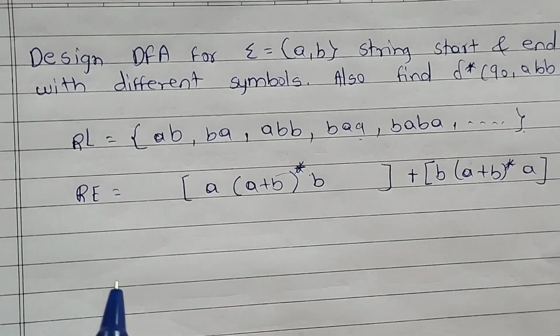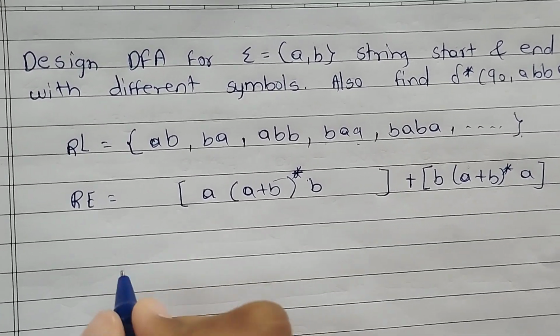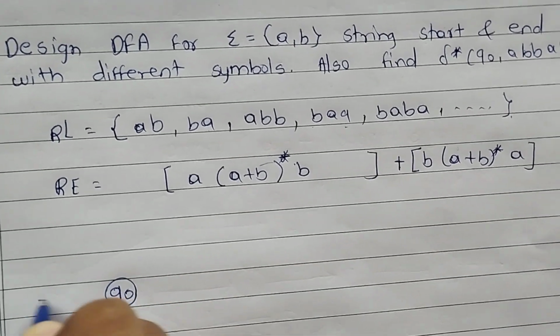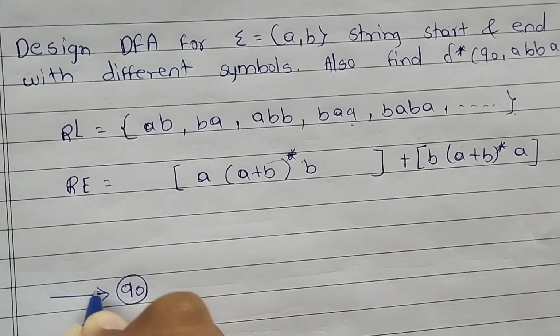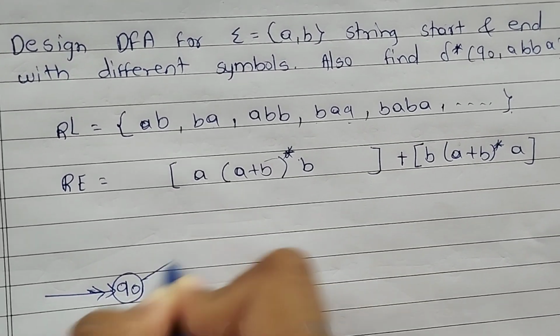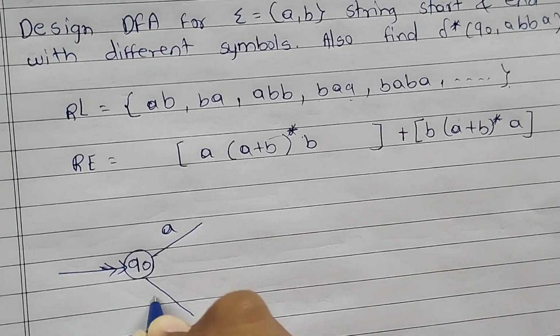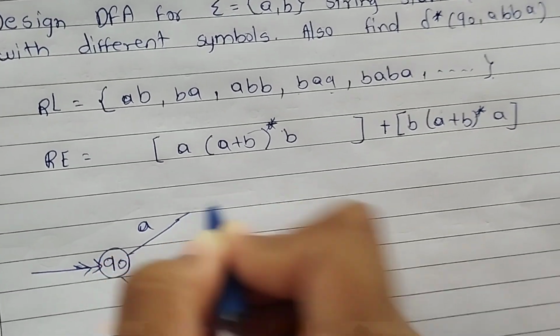Now we draw the DFA. Again here there are two possibilities. Q0 is the initial state. Now one way is start with A and the other is start with B. These are the two ways.